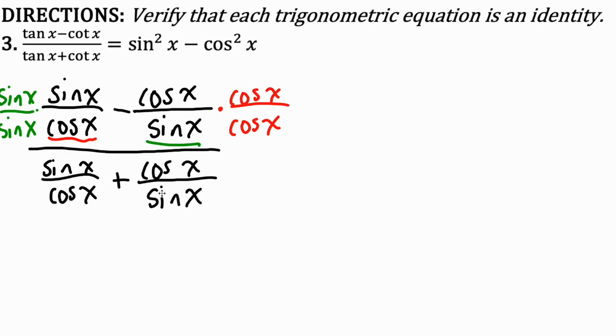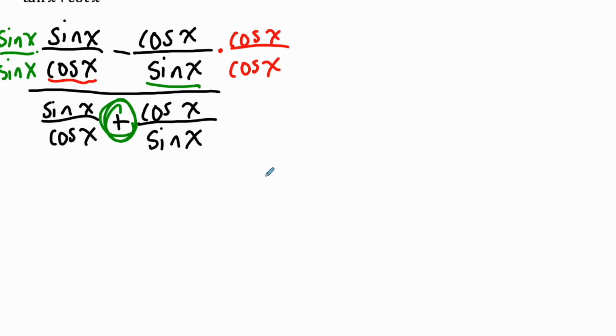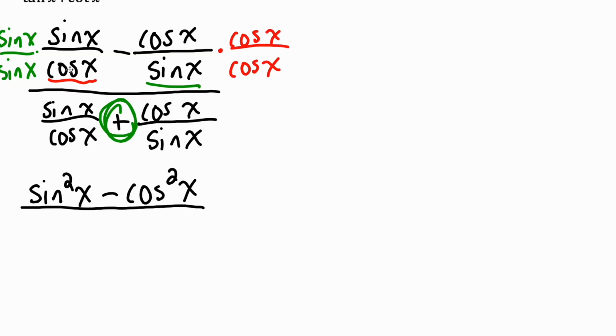Okay, I'm not going to rewrite that on the denominator because it's the same thing. I'll just remember it's going to be a plus instead of a minus. Okay, so it will be the exact same thing other than that small difference. So up here, sine times sine is sine squared, minus cosine times cosine is cosine squared, over, multiply your denominators, that's sine x, cosine x.